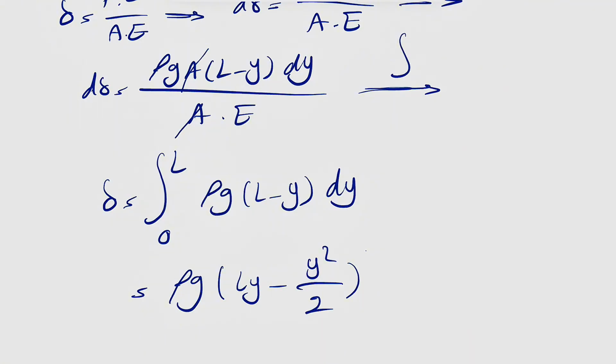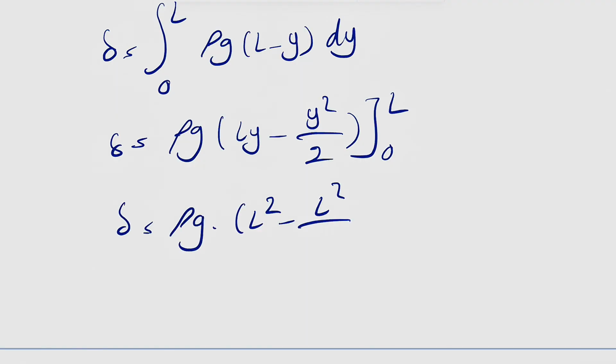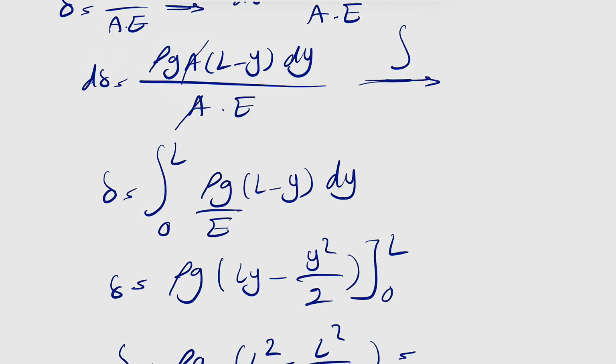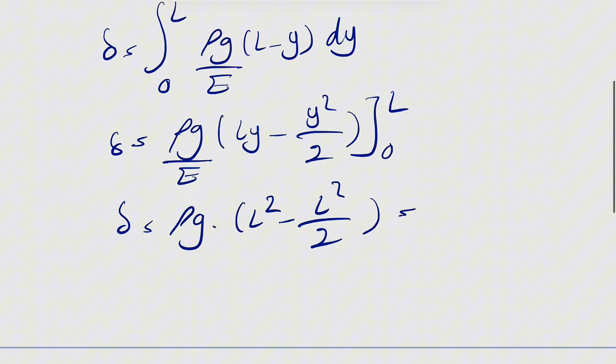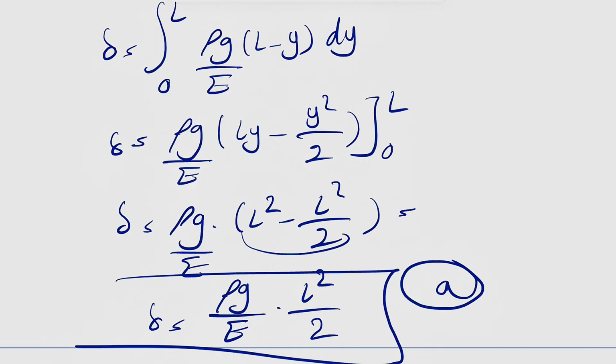The 0 is going to make everything 0, so 0 to L. So our delta would be rho g (L squared minus L squared divided by 2) over E, we are missing one E in here. This would be half of L squared, and this is going to be the answer for the A part of the question.